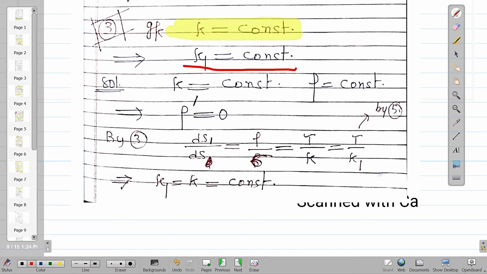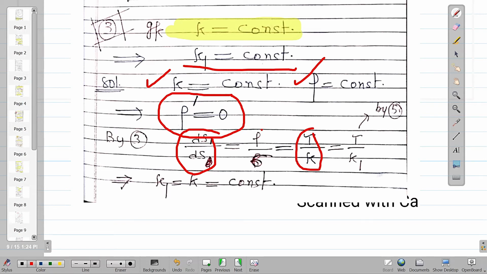Now kappa is constant, then it means rho is constant. Why? Because they are reciprocal to each other. If rho is constant, then it means its derivative is 0, because derivative of constant term is equal to 0. Now we know that the value of ds1 by ds is tau by k, right?